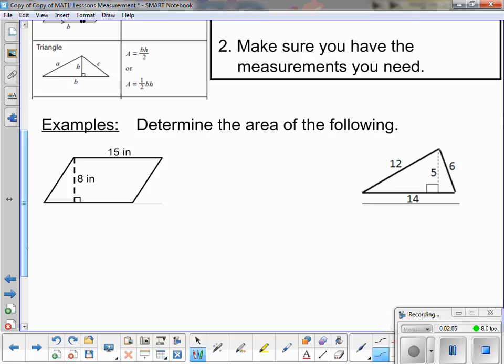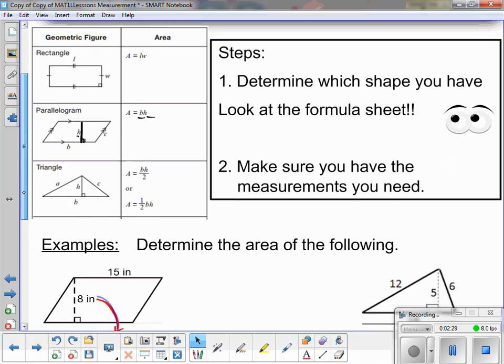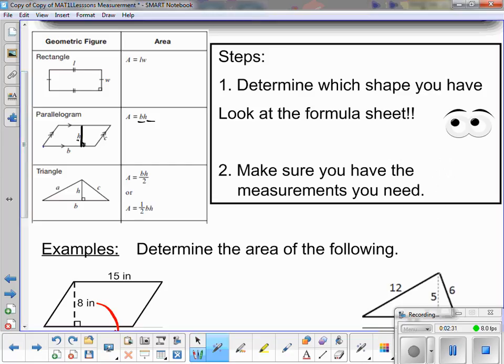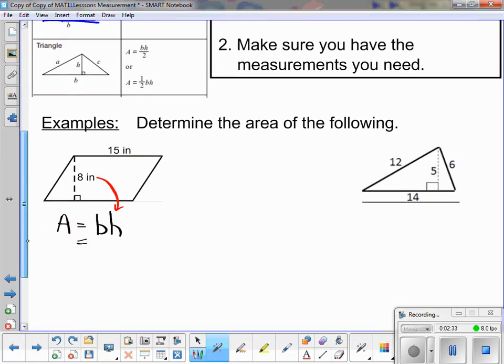So I'm going to start with my formula: area equals the base times the height. First of all, do we have that information? Well, I do have the height. There's that little right angle thing, so I know that is going to be 8. I'll put that in there. And the base, if I look at the picture, the base is here, but my diagram doesn't have it there.